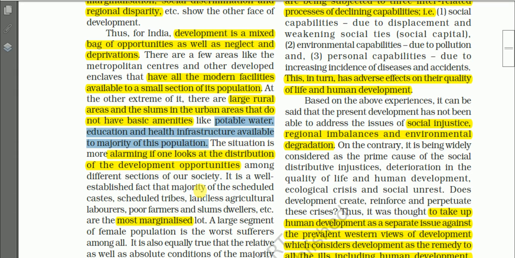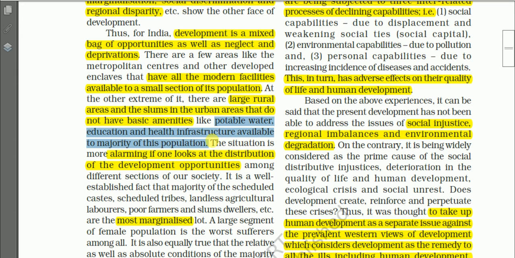I have told you that only 31% of the total population in India, 1.21 billion, is urban, and the remaining are rural people. So such large rural areas and slums in urban areas do not get basic amenities like potable, drinkable water, education, health infrastructure, good medical care facilities.